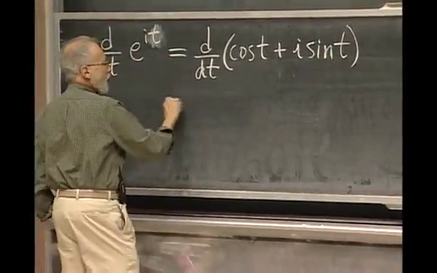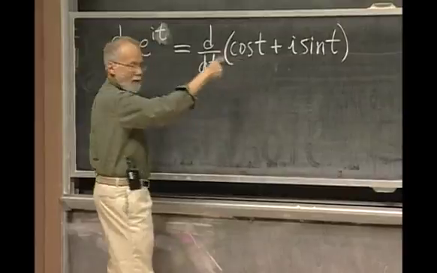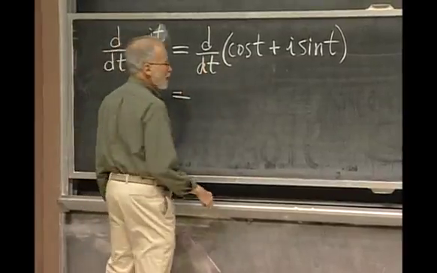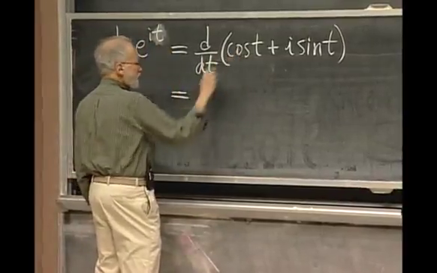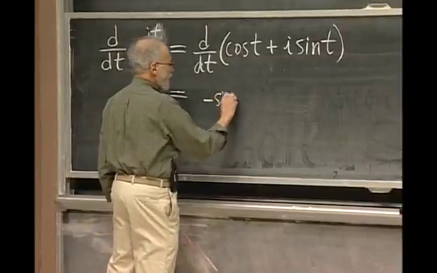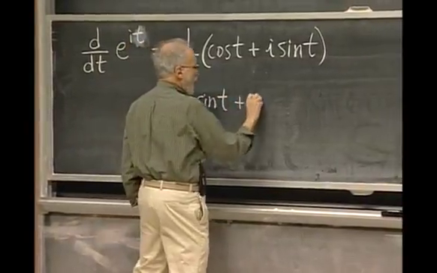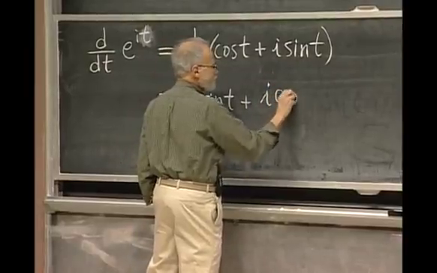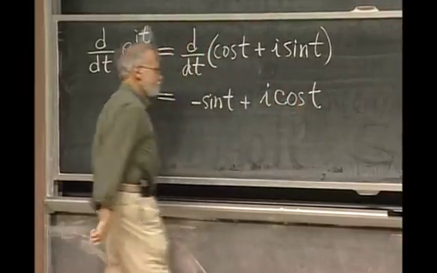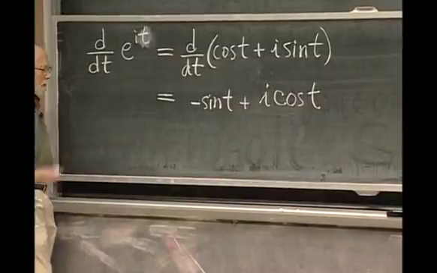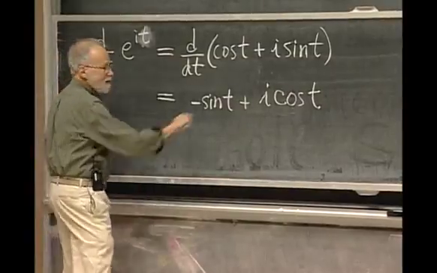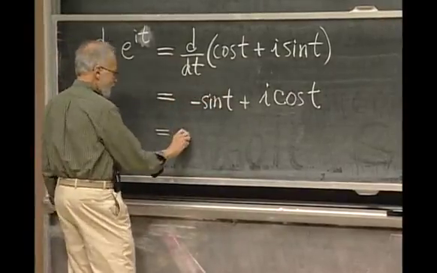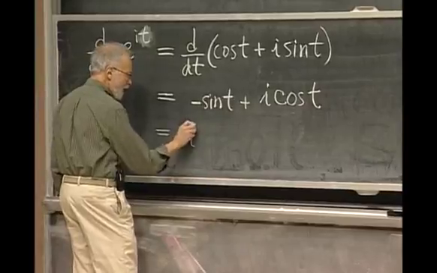And what's that? Well, the derivative of cosine t, differentiating the real and imaginary parts separately and adding them up, is negative sine t plus I times cosine t. Now, let's factor out the I. If I factor out the I, what do I get?